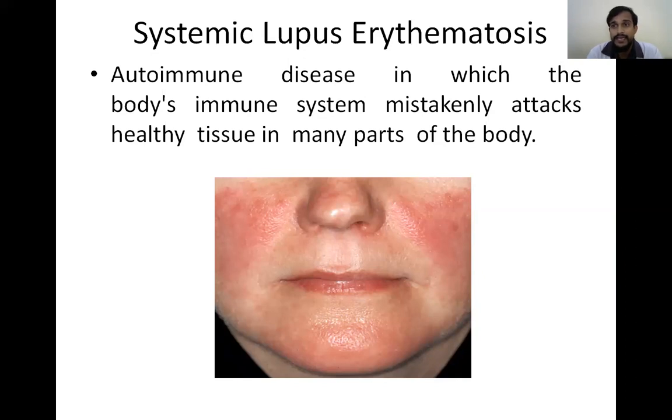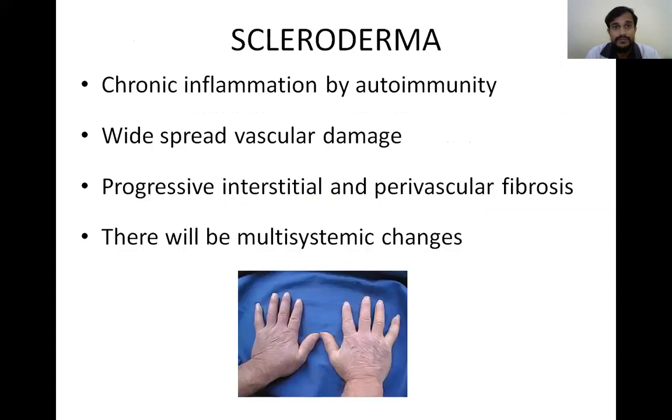In the same way, in the extracellular matrix, autoantibodies are produced which will destroy the different components of the extracellular matrix.